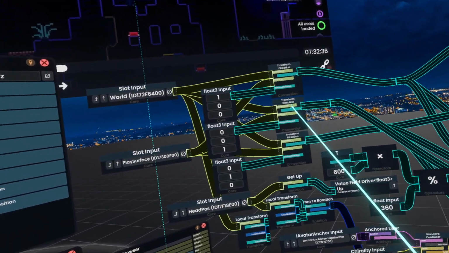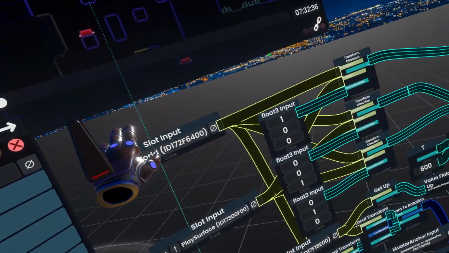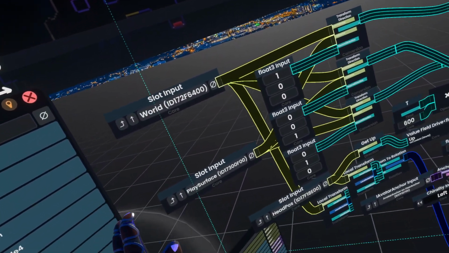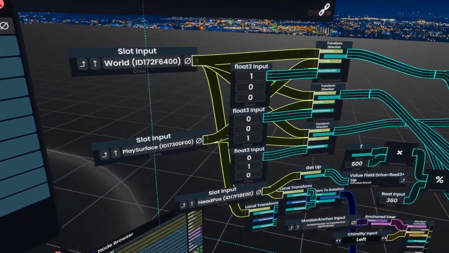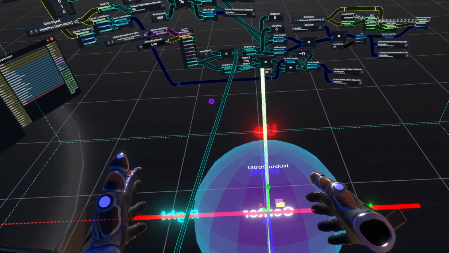We have to transform them because we want the world axes applied to the play surface. The world contains the play surface, but they are actually disconnected.